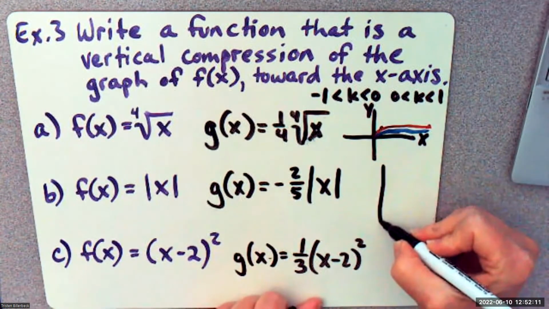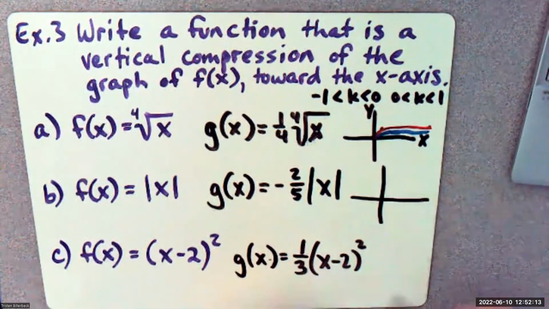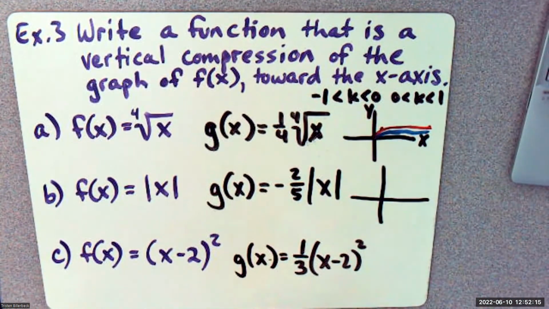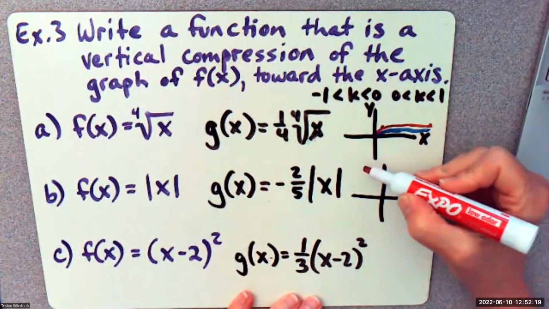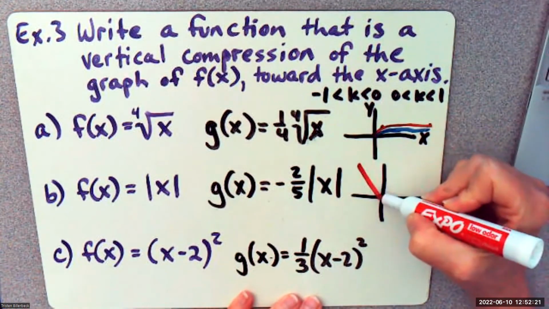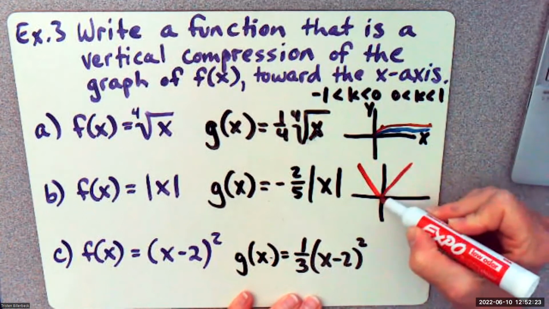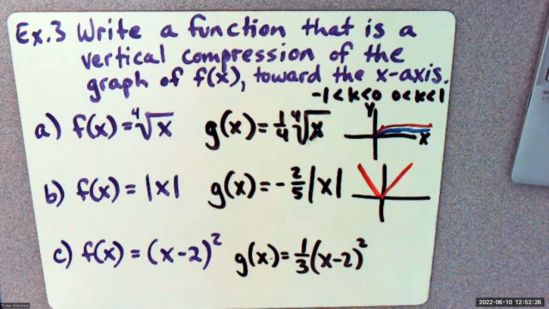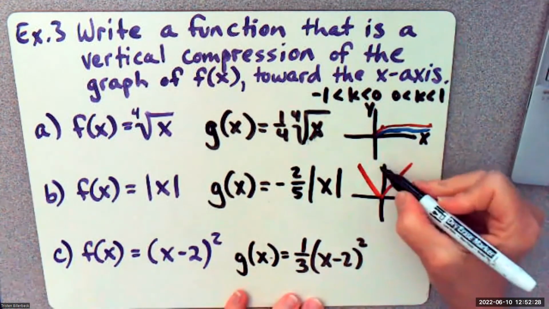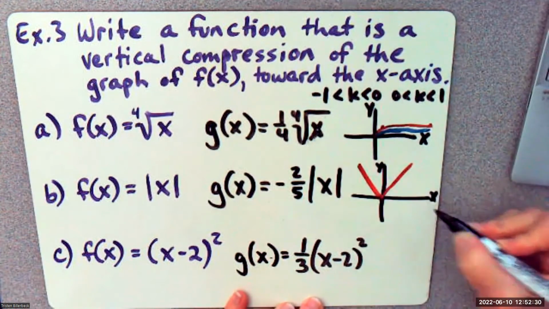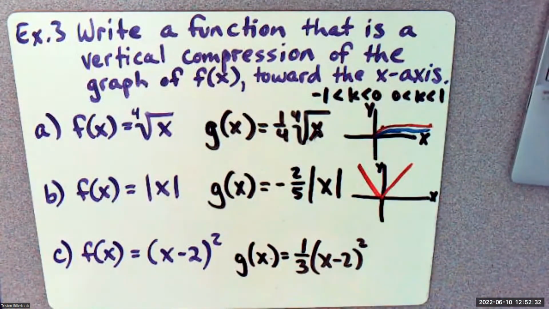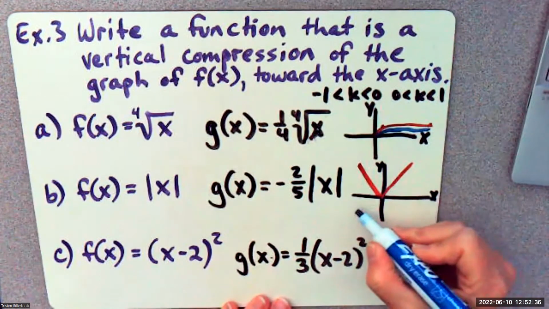So then if we look at the absolute value, so this absolute value, our original one would start like this. We have our y and our x. And then at 2/5, it's going to be in here.